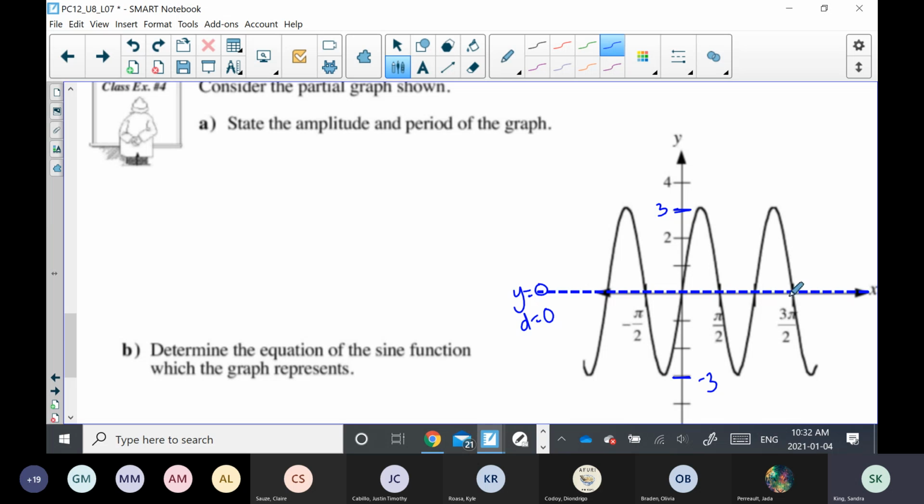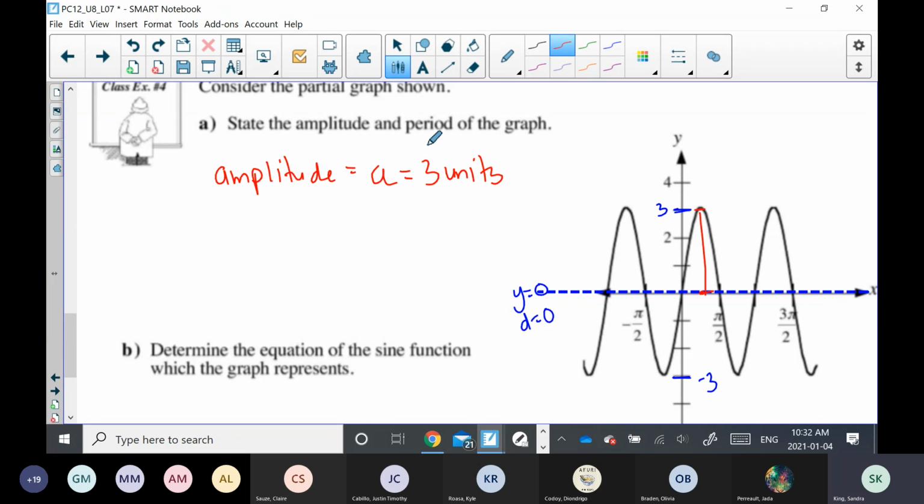Okay, so once you know the middle of the graph, you could figure out the amplitude of the graph. So from the midline up to the peak, that distance is 3 units. So the amplitude, which is equal to the a value, is 3 units. Sorry, the amplitude is 3 units, the a value is just 3, okay?